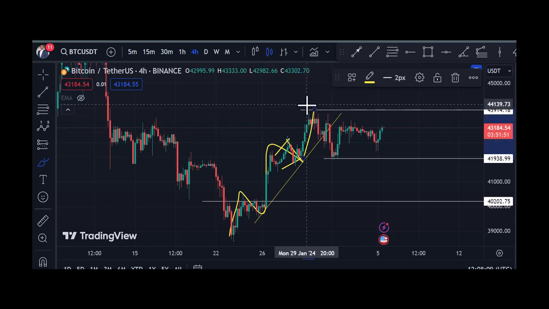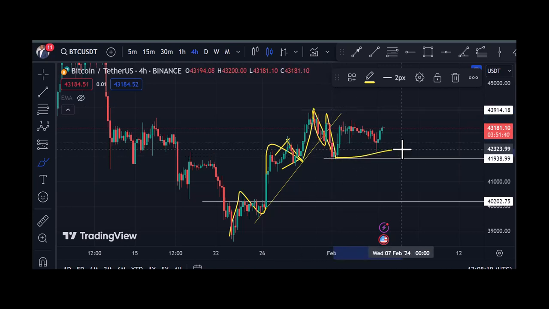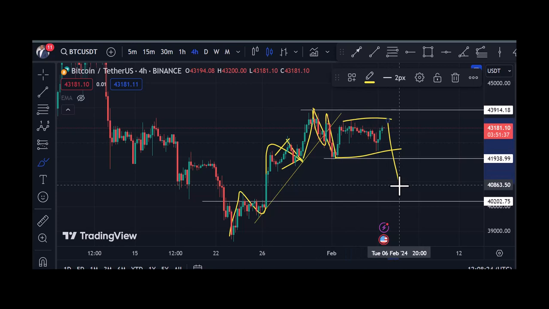So now, what are we expecting? We're expecting the market to give us this, okay? And there are two possibilities whereby this is a first impulse and this is a part of the correction, and now this is another impulse. A lot of traders will have a problem when the corrective pattern is forming.